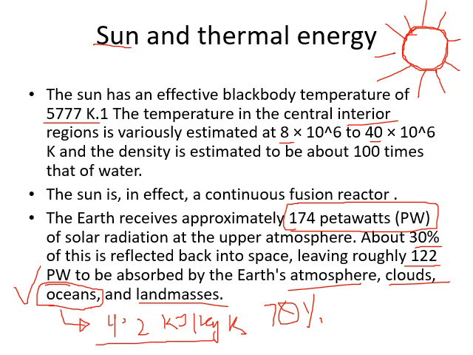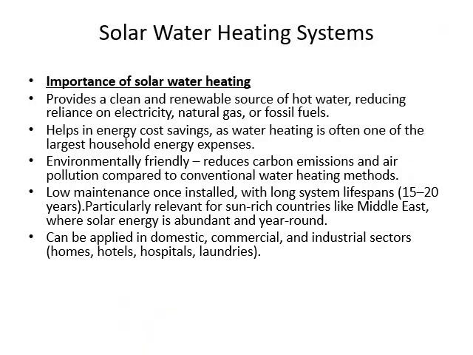So this absorbs the energy coming from the sun in a significant amount. As we can see, the sun is sending its energy and it is being absorbed by the sea in a major amount. Therefore we can think of a system where we can heat up water using solar thermal energy. How can we do that?